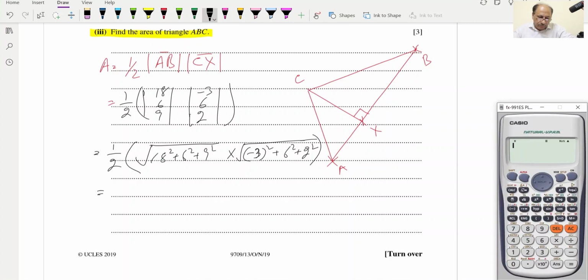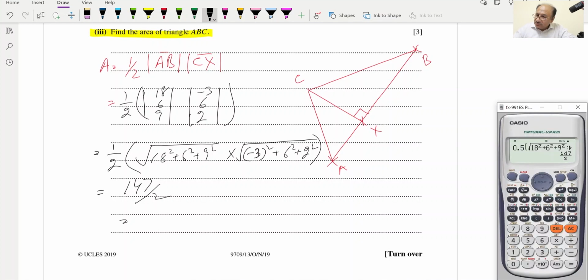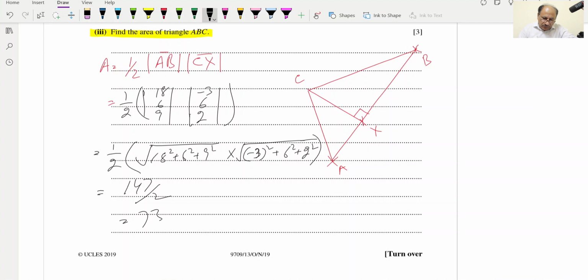We can use a calculator, so it will be 0.5 into the square root of 18 squared plus 6 squared plus 9 squared, multiplied with the square root of (-3) squared plus 6 squared plus 2 squared, and this is equal to 147 over 2, which in decimal is 73.5.